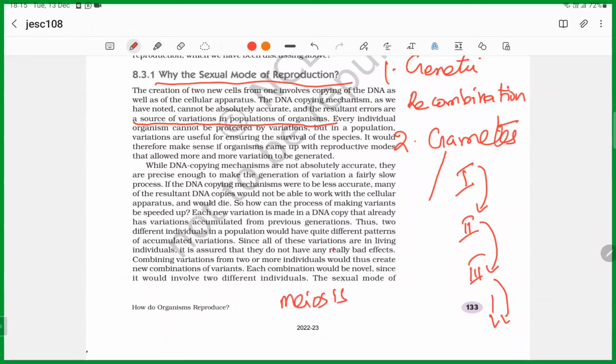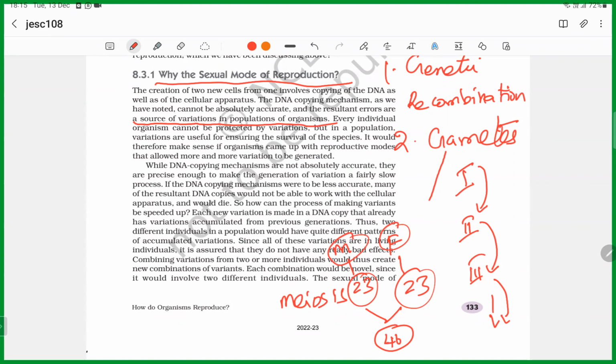In meiosis, for example, male is there, female is there. The male produces haploid gametes with 23 chromosomes, and the female produces haploid gametes. They fuse in the process called fertilization, and the zygote forms with 46 chromosomes. Both parents, male and female, equally contribute and transmit genetic information, and they fuse by fertilization, and thus the integrity of the genome is maintained.